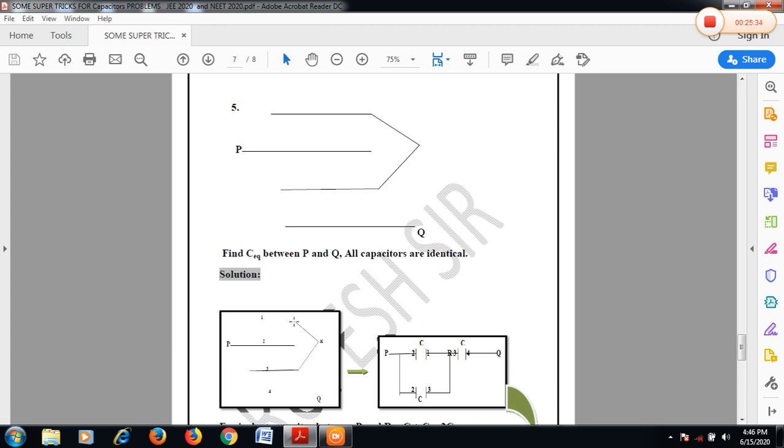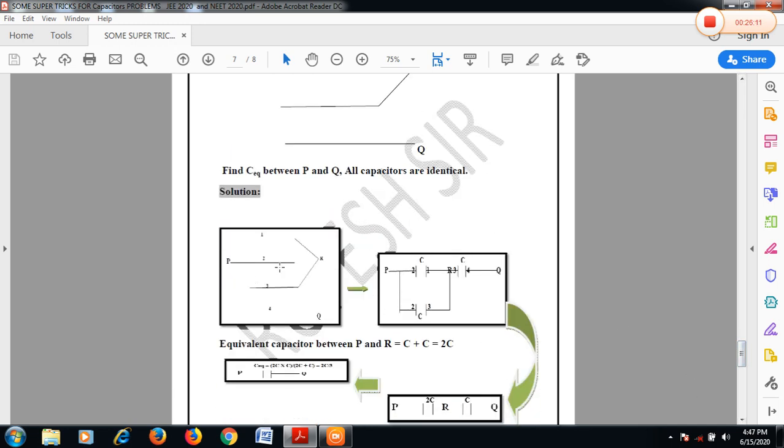Because this plate is shorted with point R. So any potential we can apply over here will be appearing at that plate. So this plate we have numbered 1 will be coming parallel to 2 and form a parallel capacitor. So we will be having the first capacitor across P and R having plates 2 and 1.